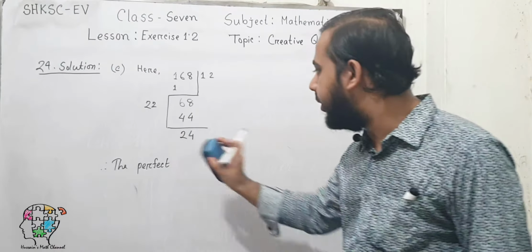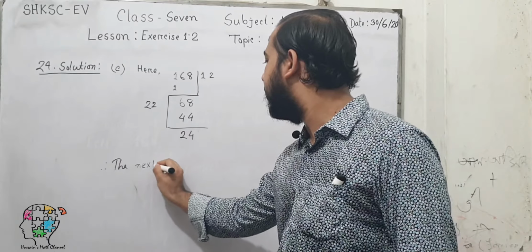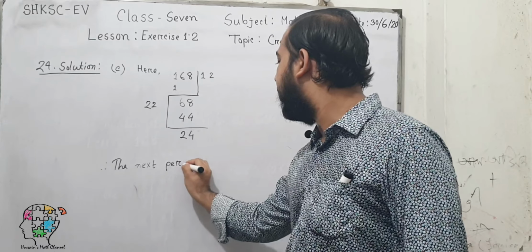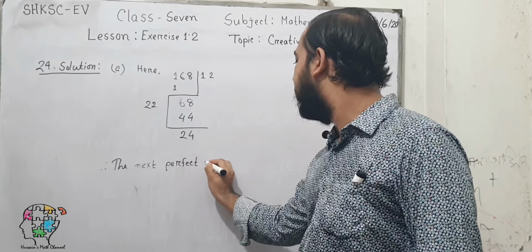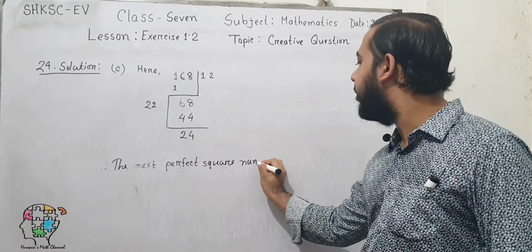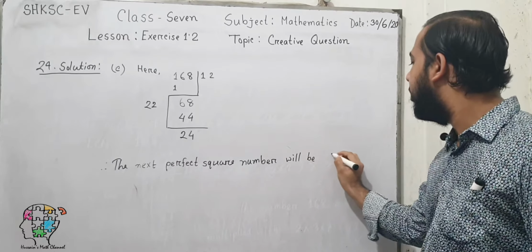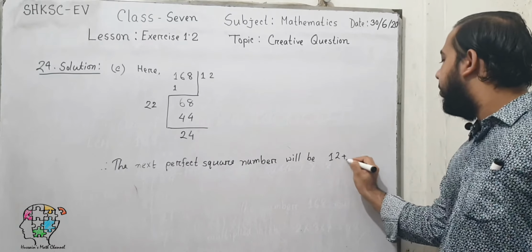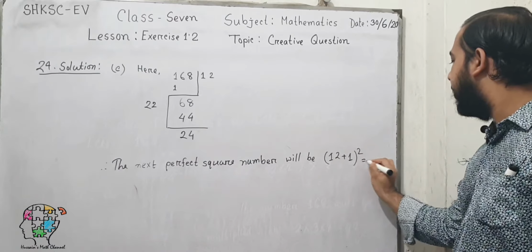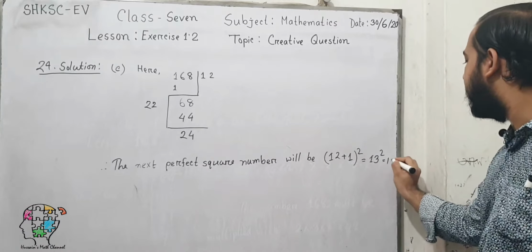The next perfect square number will be 12 plus 1 whole square, that means 13 squared, which is 169.